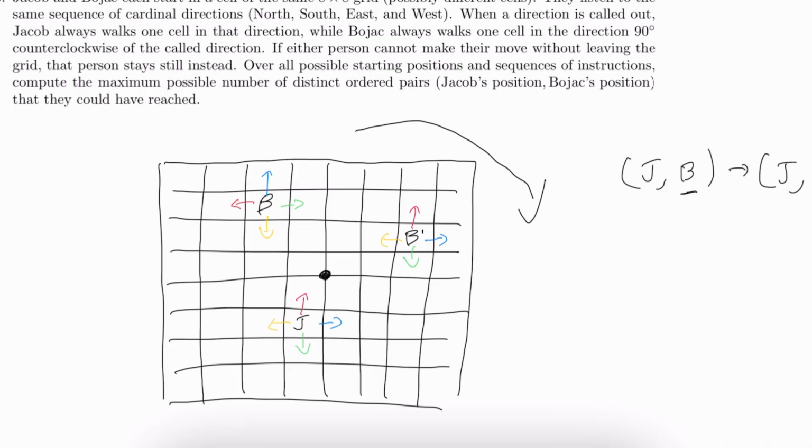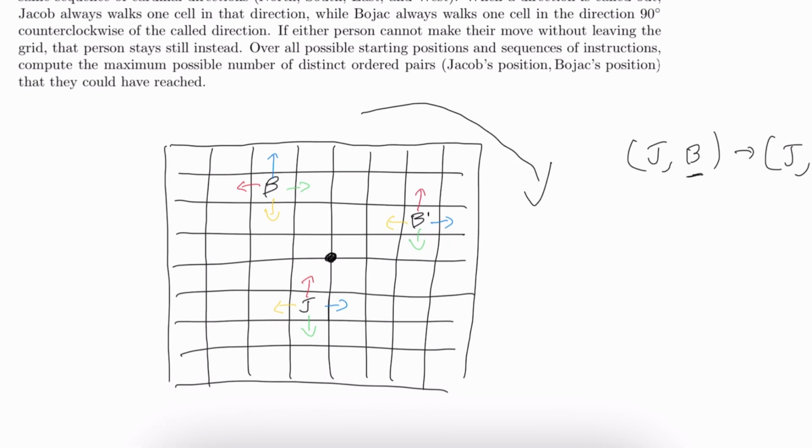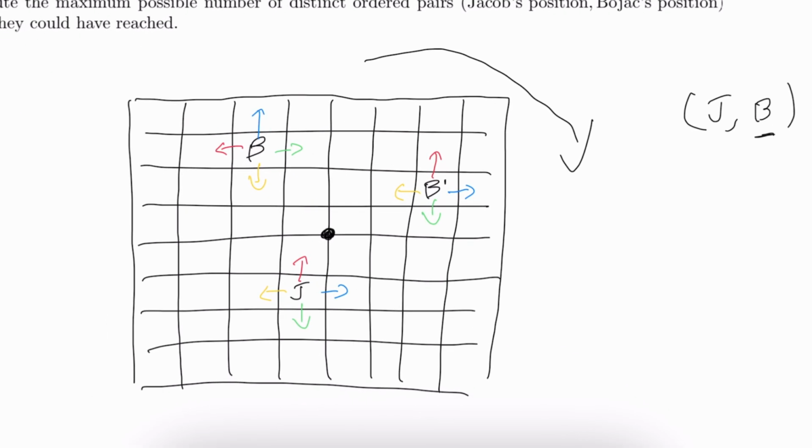And now, again, this is much easier to analyze because they are moving in sync. Let's say any cardinal direction that's called, let's say south this time, they'll just move together. Right? And so now, how do we analyze this?